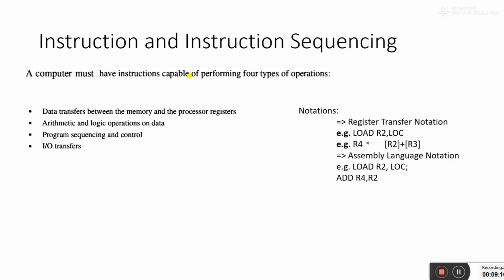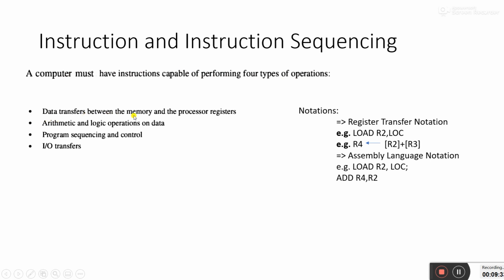So now let's see instructions and instruction sequencing. In instruction sequencing, we will learn how instructions work, why instructions are needed, and how they work in a computing system. A computer must have instructions capable of performing four types of operations.